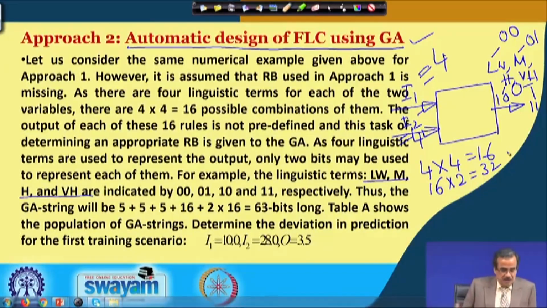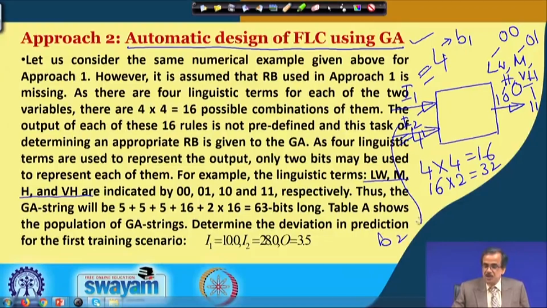Now, we have got the variables the way I discussed in the first approach. We have got the variable to represent the shape of the membership function distribution for input 1, that is nothing but B 1, if we remember. For I 2 we have got another variable, that is B 2, and for the output we have got another variable, that is nothing but B 3.